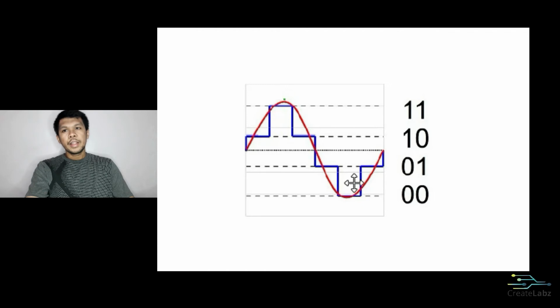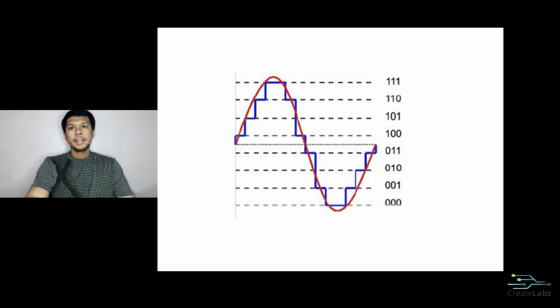Next, at this point, the analog has a peak value, but the digital will take the 1, 1 value at any of these analog points. This is why we can say that digital signals are discrete signals and not continuous.